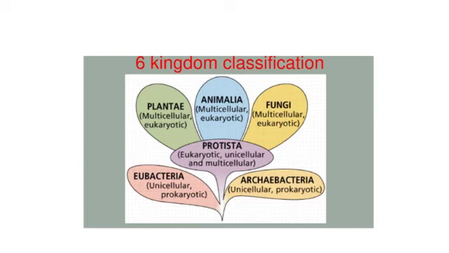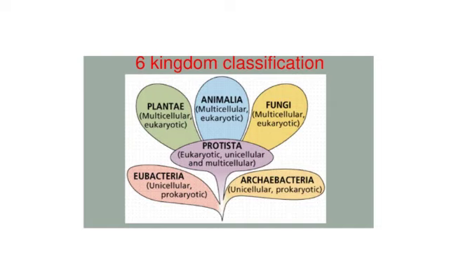This 5 kingdom classification is not accepted by many microbiologists, and a major problem is its lack of distinction between Archaebacteria, Eubacteria, and so on. So came the 6 kingdom classification.